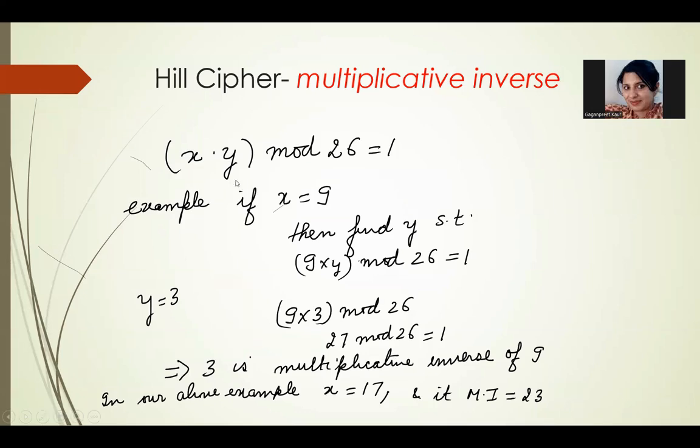So x in this case is 17, and I have to find the value y such that when 17 is multiplied by y and modulus 26 is applied, it should give me the remainder, or the answer, 1. So by hit and trial, we get this value to be 23. The product of 23 and 17 is 391. So if I divide it by 26, what do I get?